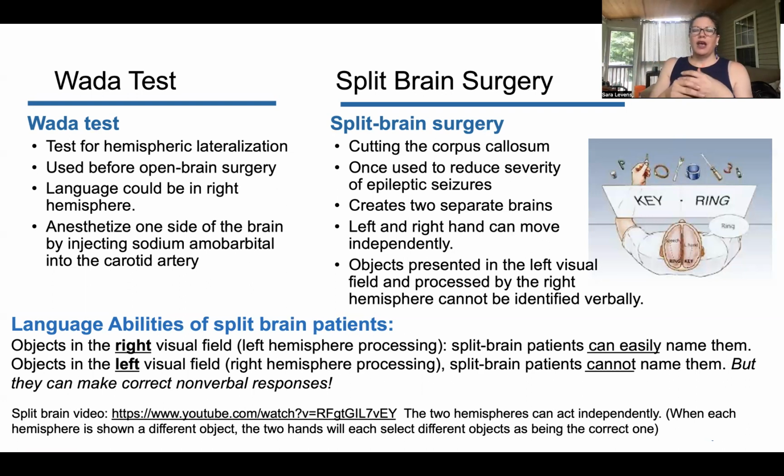They can usually pick it up and identify it based on its shape. They can mimic things. It's really interesting, the differentiation between the verbal elements and what you can do with your hands when the two halves of the brain are separated.